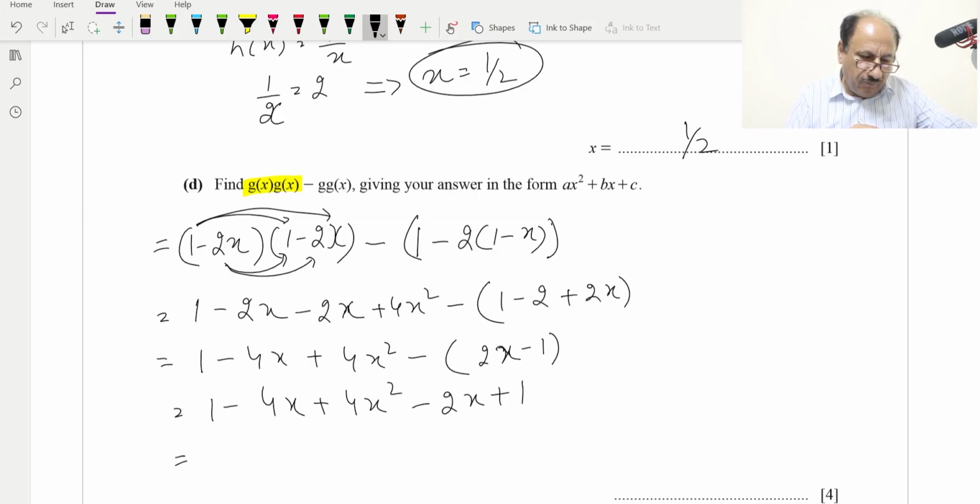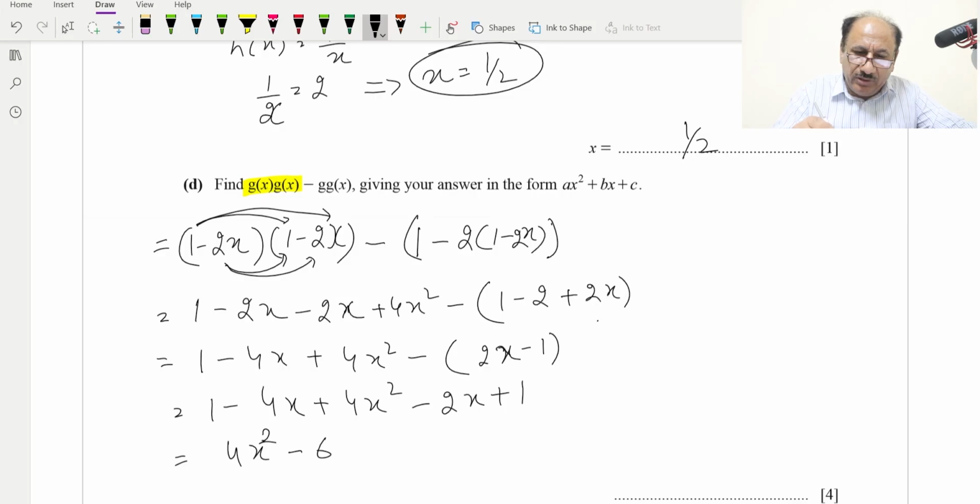This will be 4x squared. We will write in descending order of power. So this one, and minus 6x, basically this will be this one. We have done some mistake basically, and this should be 1 minus 2x.